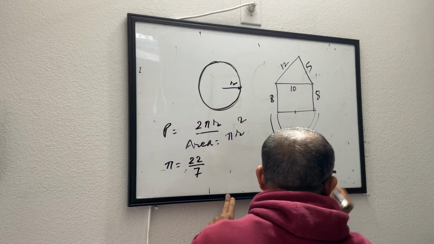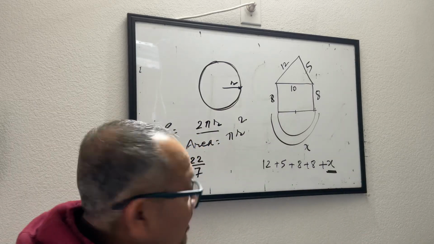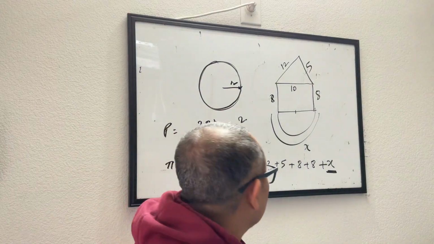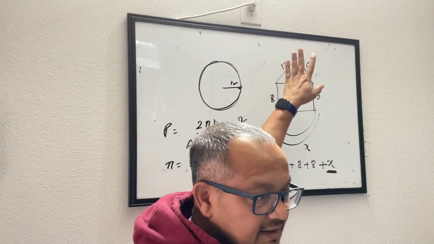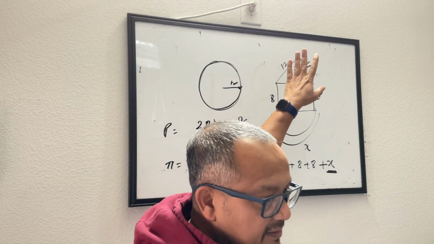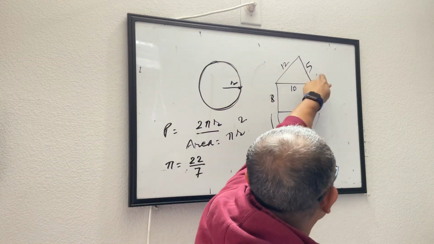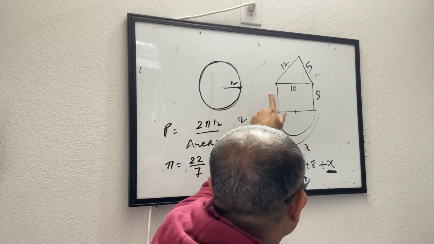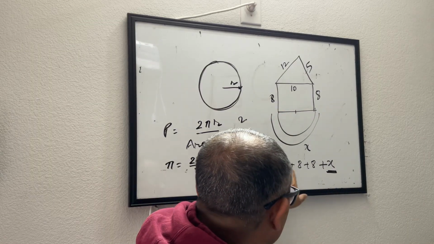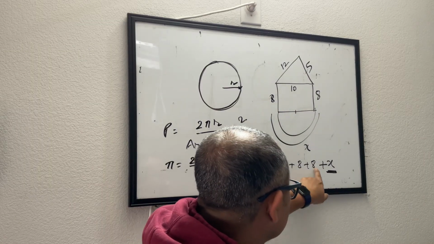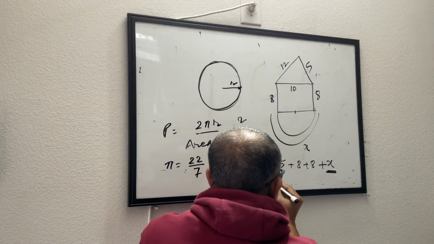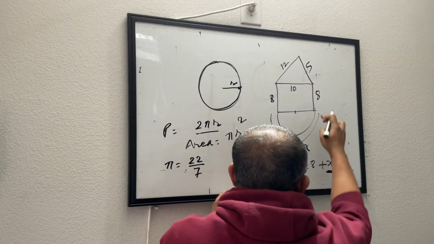We'll figure out how much this x is. That is going to be the perimeter. If anybody counted something else, that might be the gap. The outer sides only you have to measure. Now, 12 plus 5 is 17, plus 8 is 25, plus 8 is 33. So 33 plus x. Now, what is this x?